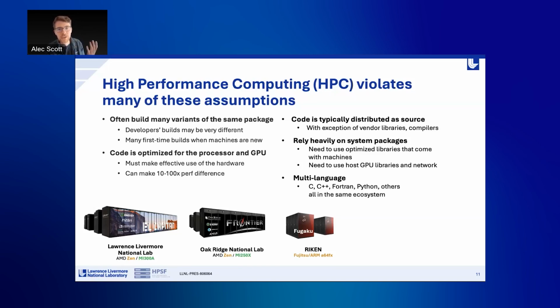If we were to try to build a portable binary across all of these different machines, we would get really bad performance, because we'd have to back off to something that couldn't make use of the fancy vector instructions in Fugaku or the nice fancy vector instructions that we get in AMD Zen at Livermore or Oak Ridge.